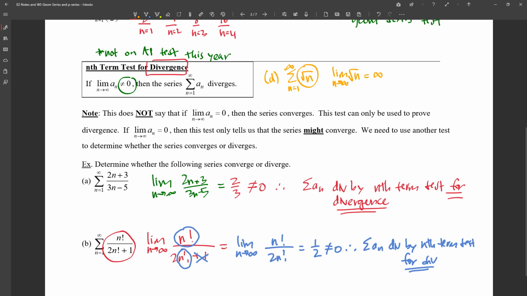And you can use nth term test for divergence if you get an answer of infinity. All you do is compare it to 0. This is not equal to 0, so therefore this series diverges by nth term test for divergence. Okay, so you can use this test even if your answer is equal to d/e or infinity.